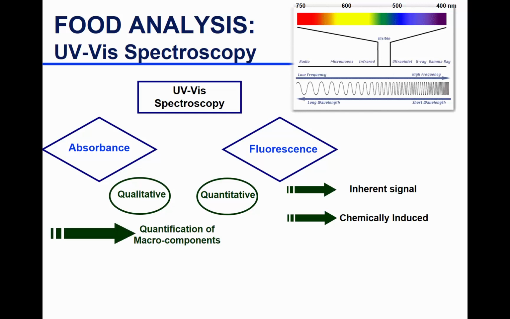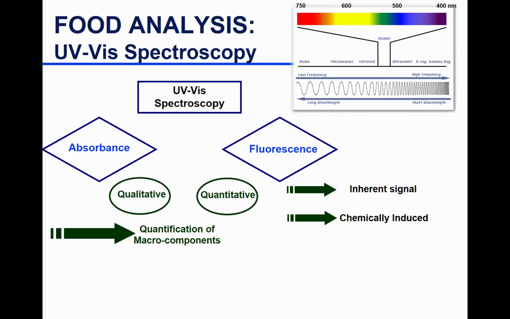So an example of that is glucose. We will talk about glucose quantification in the carbohydrate lecture, but an example of chemically induced is glucose does not absorb light, but we can react it in such a way to get a product that will absorb light.